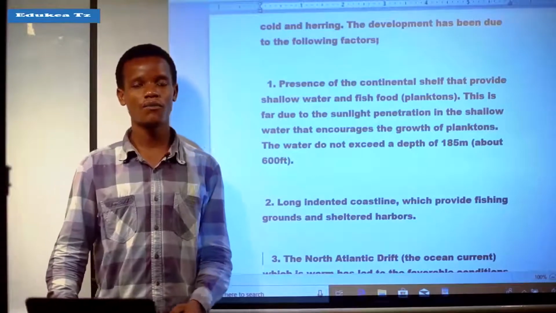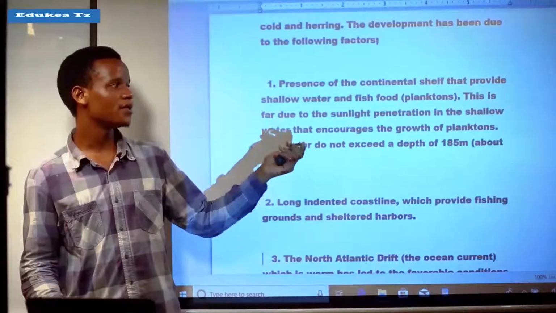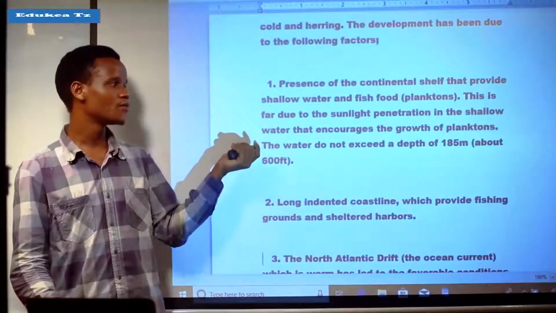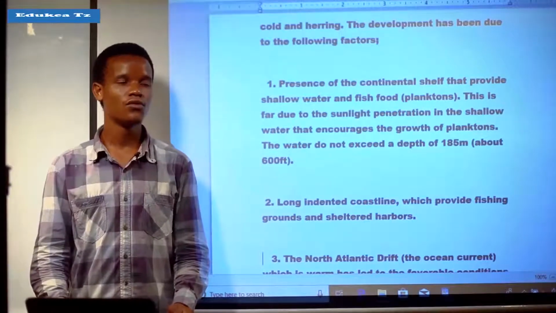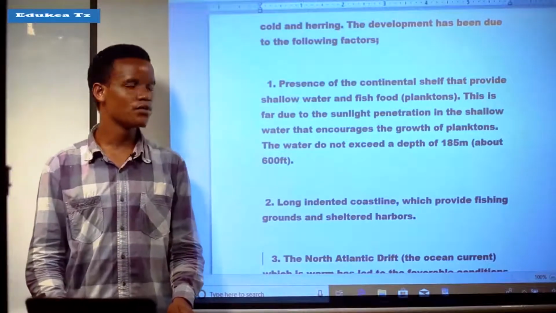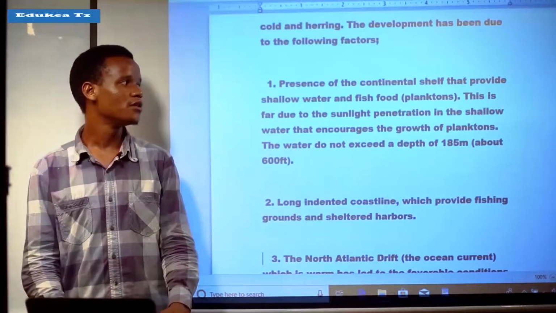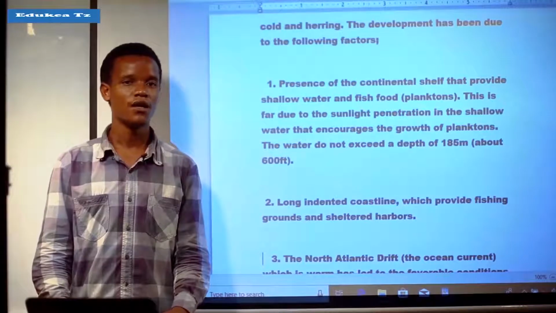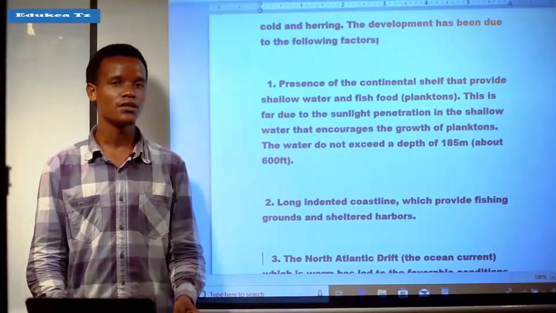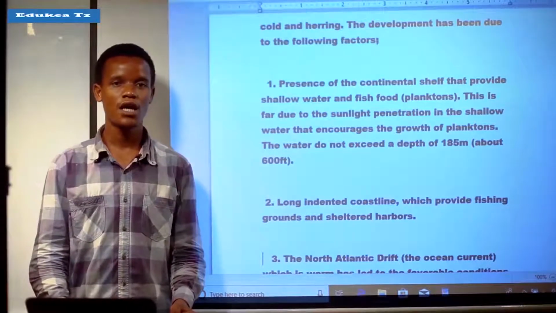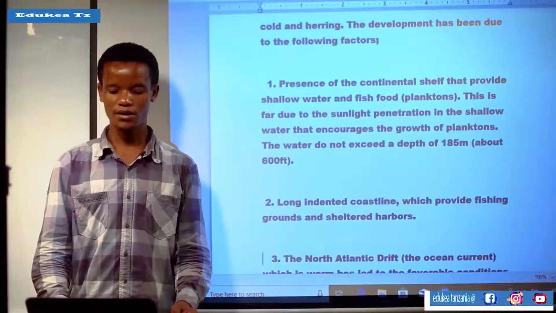The continental shelf played a great role in allowing sunlight to penetrate, and if the sun penetrates the shallow water, it encourages the growth of plankton. So it is through the continental shelf that the availability of plankton, used by the fish as food, is ensured. The continental shelf provides and encourages the growth of plankton, since it allows the penetration of sunlight.